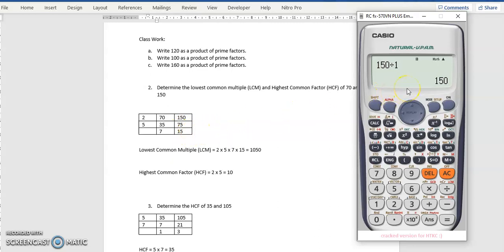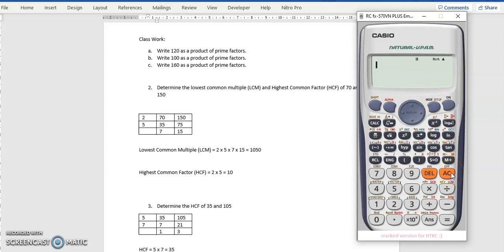Remember, I said it also in the previous video. So always don't start with 1. Start with 2, 3, 4, etc. Is that okay? Because if you divide a number by 1, it will give you the same number.